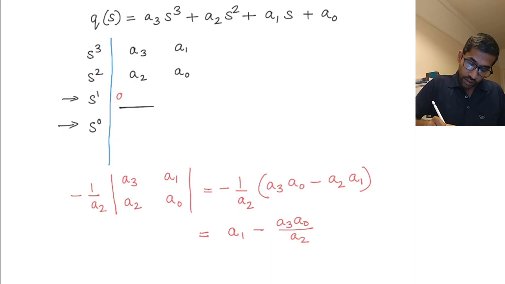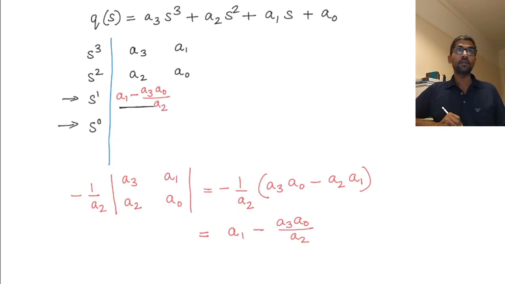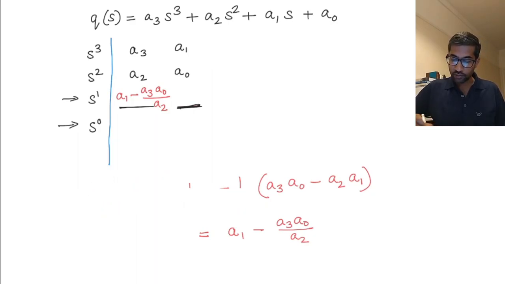So let's put this value in our Routh array. We get a1 minus a3 a0 over a2. Okay, so what is the value that will go in the second column at this position? Let me just clear off my screen a bit so that we can continue the evaluation.